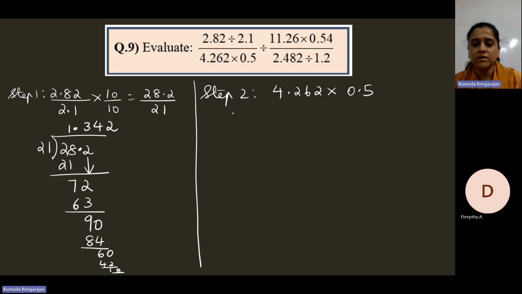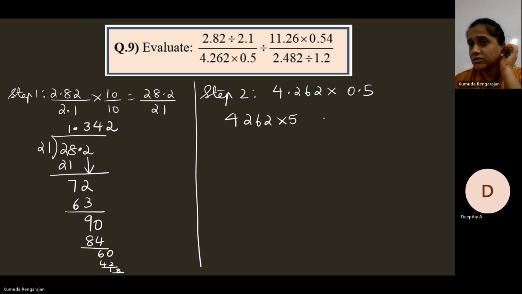So how do you multiply? You should multiply 4262 into 5. Multiply the numbers without the decimal point. What is 4262 into 5? 21310.